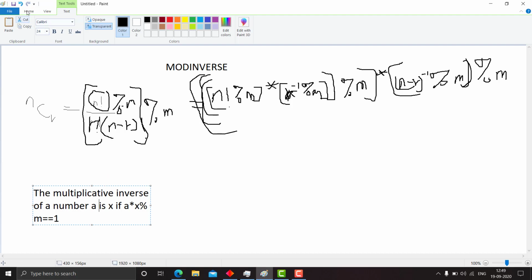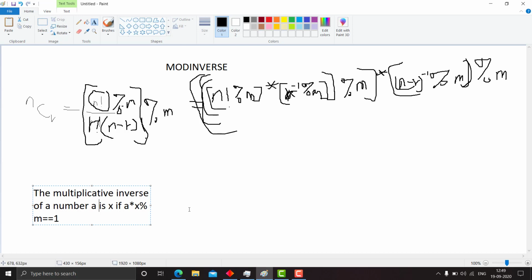So now I will show you how we can calculate this multiplicative inverse.